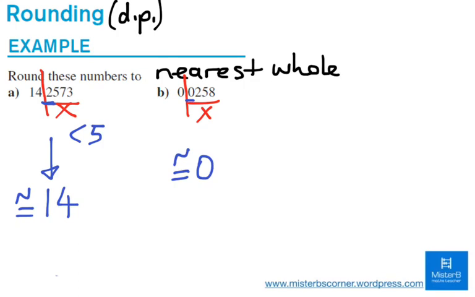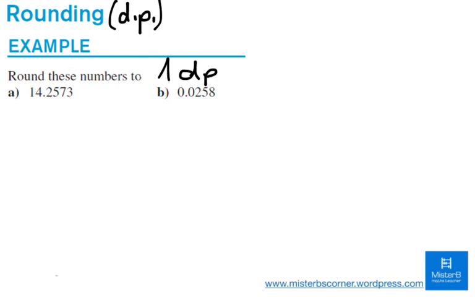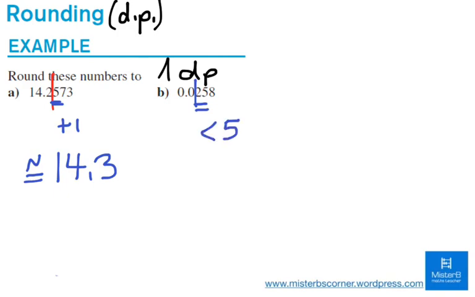If I round these numbers to 1 decimal place, then this is where I cut the number after 2. The number to the right of where I cut is 5, so I should add 1 to 2, so it's going to be roughly 14.3. And here, if I cut it after the first decimal place, then I have 2 here, which is less than 5, so I can't add anything, so my number will be 0.0.